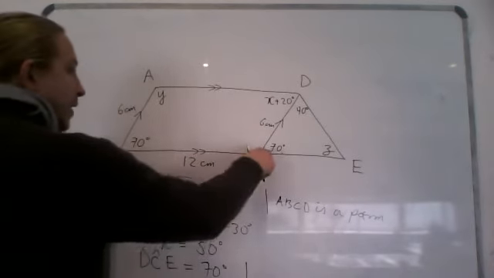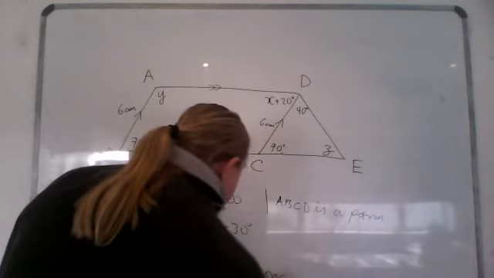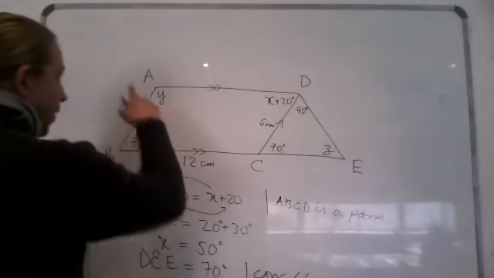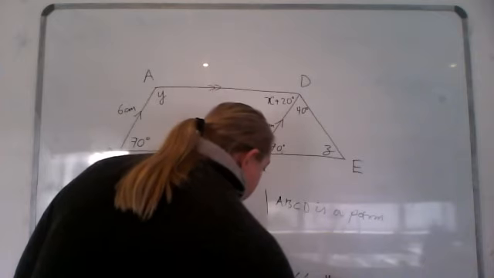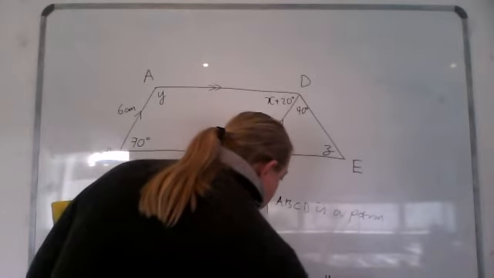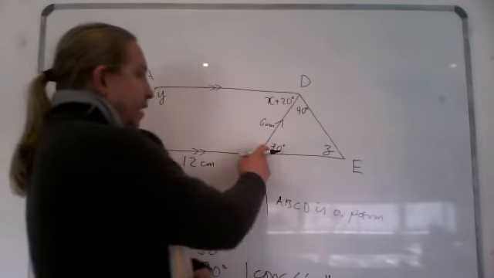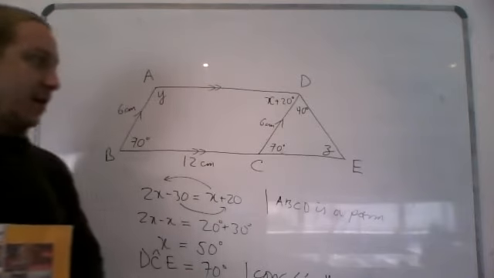So that and that are corresponding angles. Corresponding angles, okay. Which lines are parallel? AD parallel to BE.